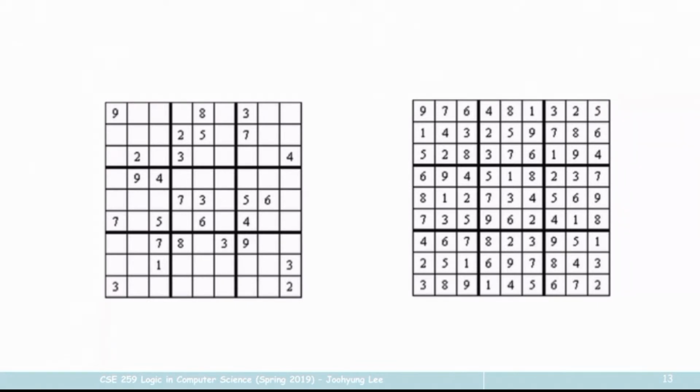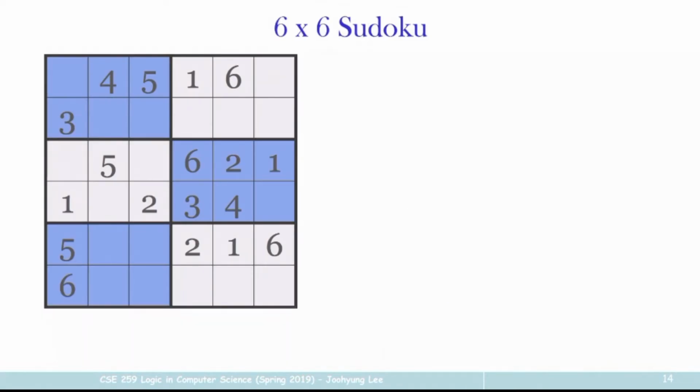So let's actually use some smaller version, which maybe kids can also work on. So this is a 6x6 Sudoku problem. But what I want to tell you is what is actually the strategy that you can use if you write a program to solve this Sudoku problem.